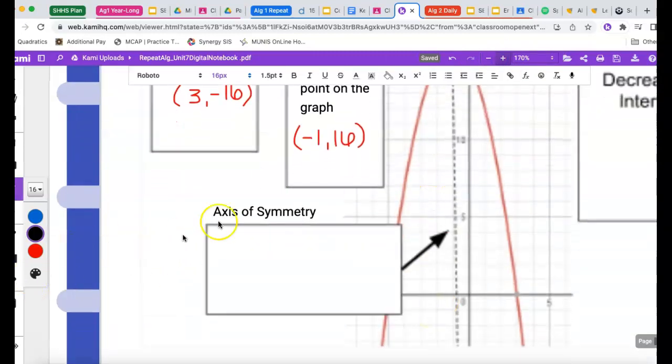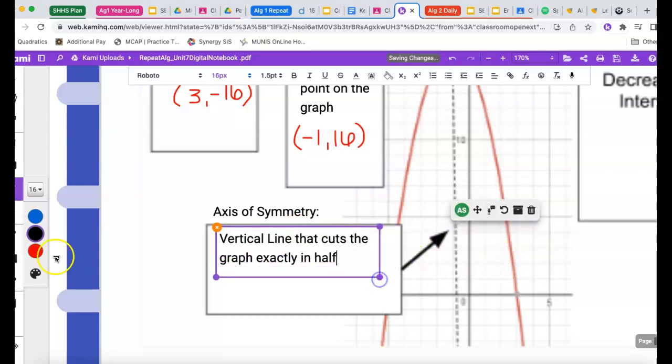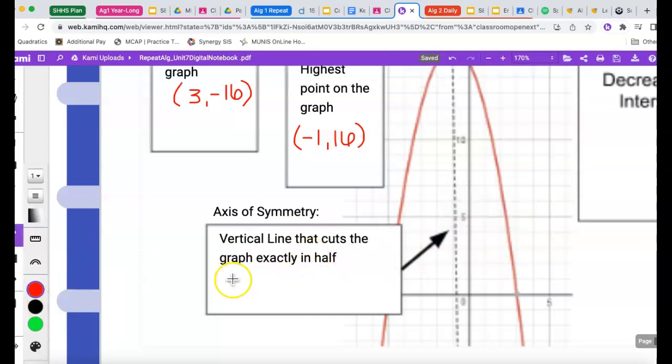So the axis of symmetry is the vertical line that cuts the graph exactly in half. So we write the axis of symmetry as x equals whatever the number that it goes through. So we can see that it goes through the number -1. This is the number -1 that it crosses on the x-axis.